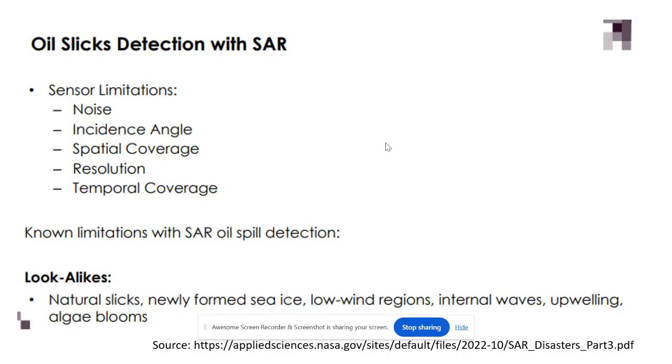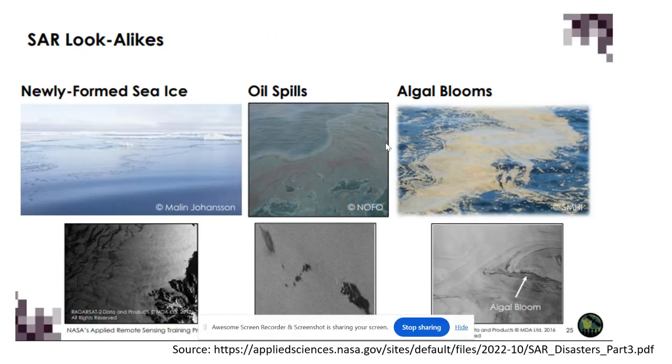Its look-alikes. Oil spills from the SAR look like the newly formed sea ice and the algae blooms. If we see from this image, we can see that the algae bloom is showing dark areas, dark images, similar to the oil spill here.